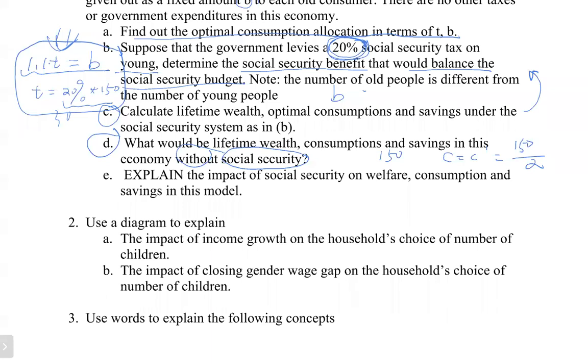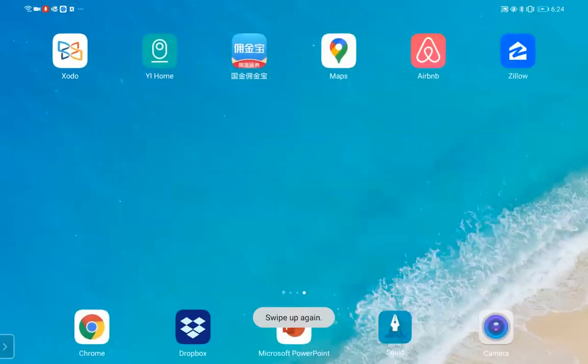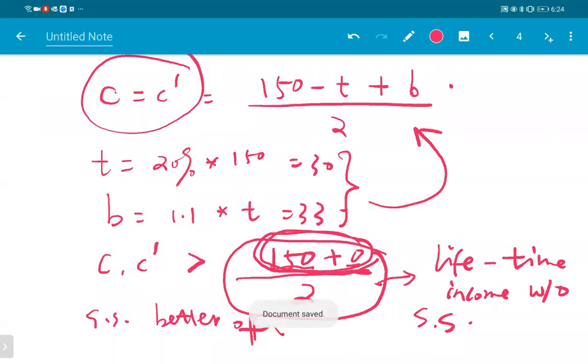Now we go to the last part. Explain the impact of Social Security on welfare, consumption, and saving. So now we go back to the calculation and compare. We can finish the discussion by calculating this number.